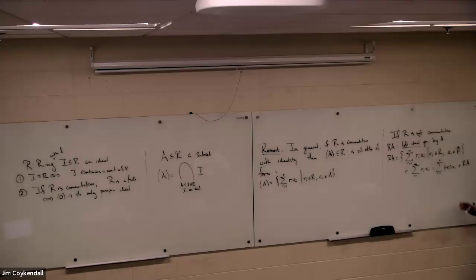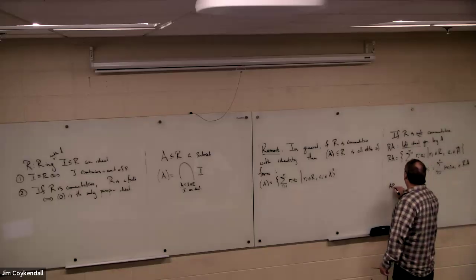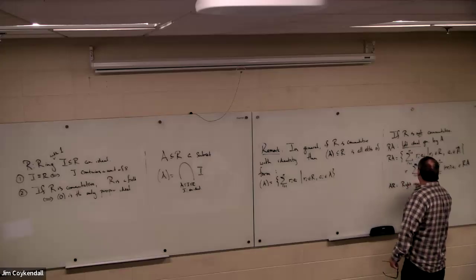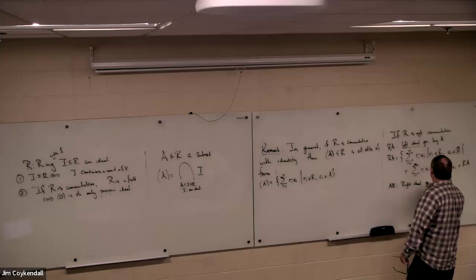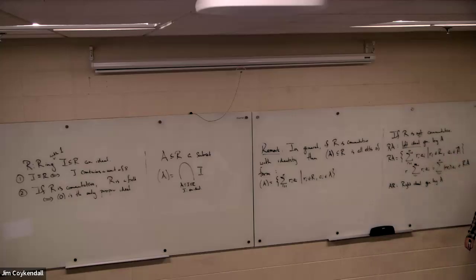But there's no guarantee that multiplying from the right side with r is going to work, because that'll give me r_i a_i r, right? And that's not necessarily this form. So this is the right ideal generated by A. What do you suppose elements of this will look like?